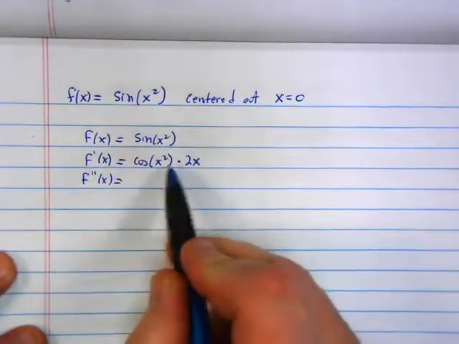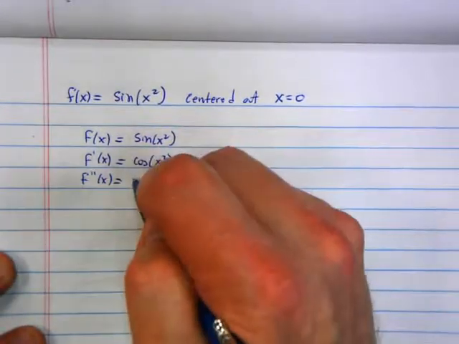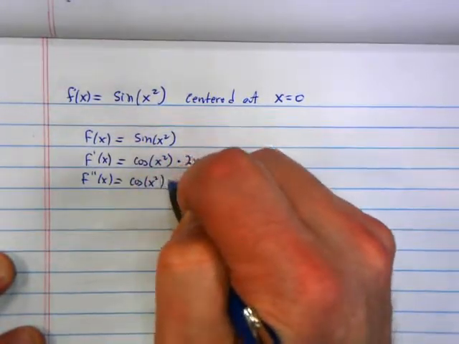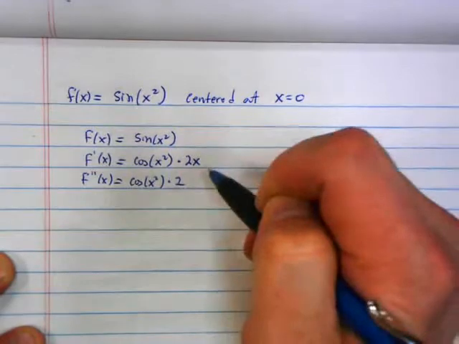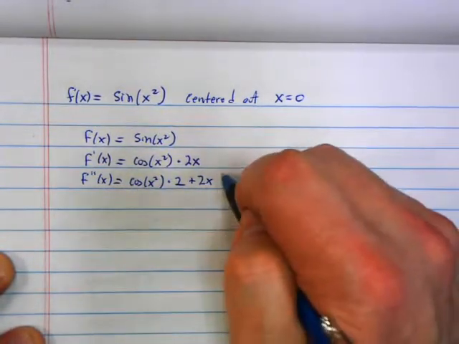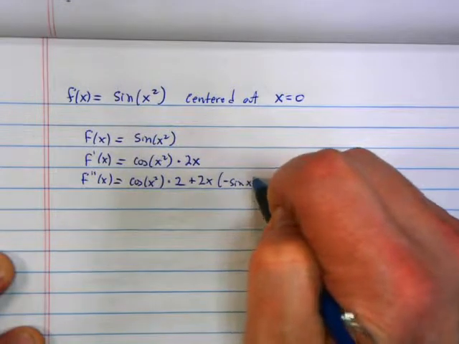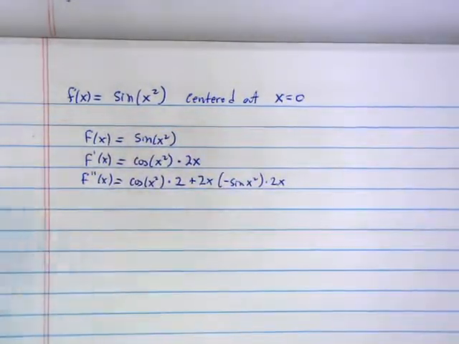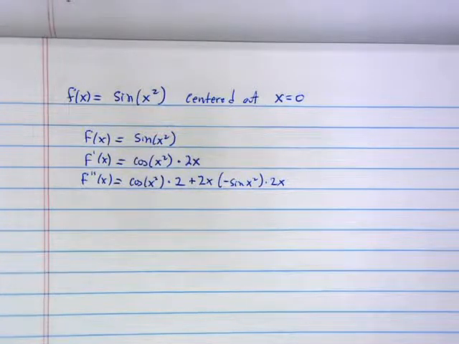I've got to use the product rule. So I leave the cosine alone, cosine of x squared, take the derivative of the other one, that's a 2. Plus, leave the 2x alone, take the derivative of this one: negative sine x squared times 2x. I really don't want to take the third derivative, do I? It's ugly in a hurry. There's a better way. Anybody know the better way?